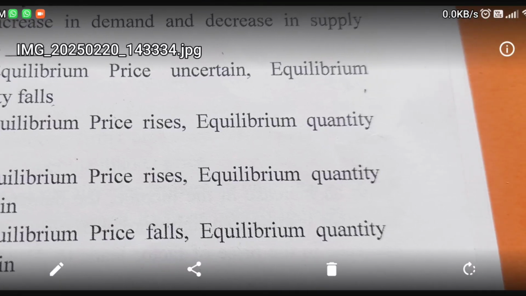When both an increase in demand and a decrease in supply occur simultaneously, the equilibrium price definitely rises, but the equilibrium quantity is uncertain. C is the right answer, not B. How much demand increases and how much supply decreases, we don't know. At that time, the equilibrium quantity is uncertain.